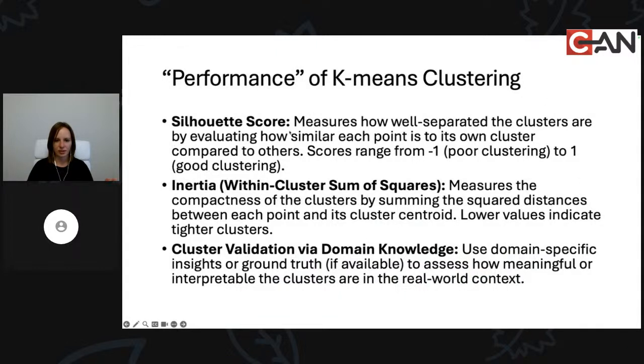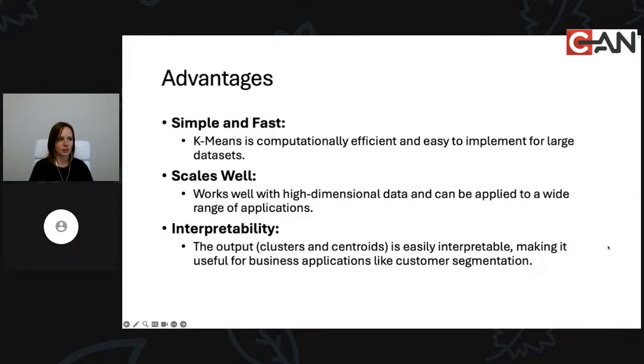Okay, so we talked about silhouette score. We talked about within cluster sum of squares, and we talked about how domain knowledge is really probably your best approach to assessing the performance of your k-means clustering. Of course, there's a lot of advantages to k-means clustering. It's very quick, it's very efficient.